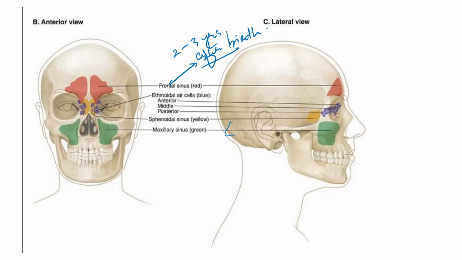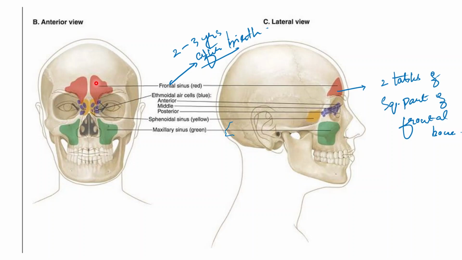The exact location is between the two tables of the squamous part of the frontal bone, deep to the medial end of the superciliary arch, above the superciliary arch as shown here. So this is the location of the frontal air sinus.